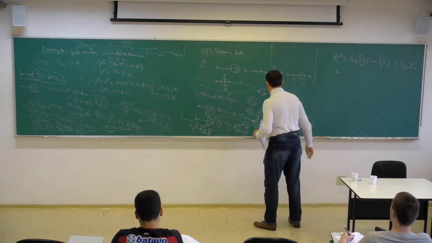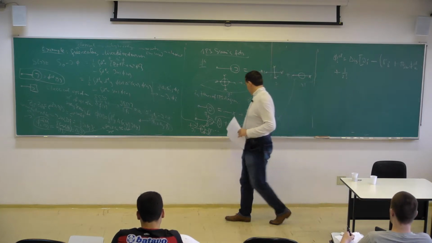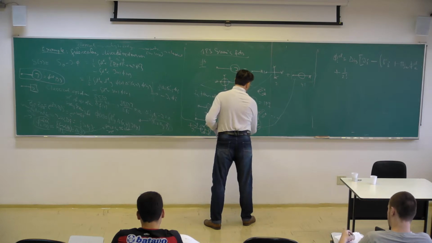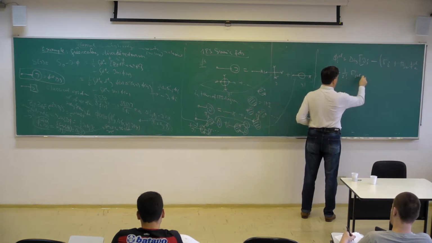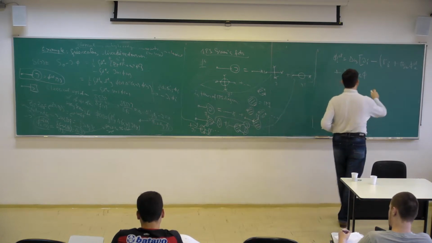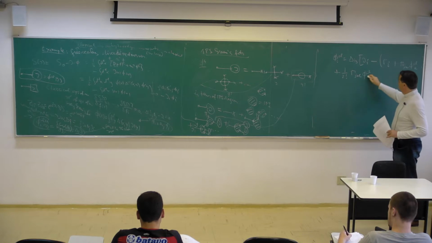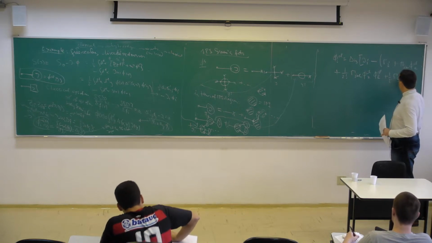Then I have 1 over 2 factorial. Here I have the 3-point function, which I will call again gamma jkl, and again the things that I attach to them are phi classical, plus 1 over 3 factorial gamma jklm.